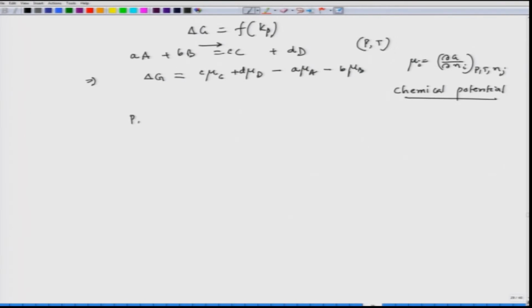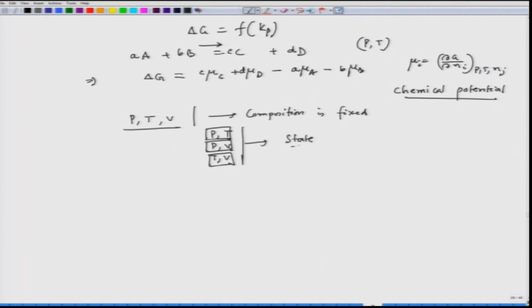So, if we have pressure, temperature and volume, and let us say the composition is fixed, and it is a closed system, then we can use either P and T, or P and V, or T and V to define the system. Defining the system means defining the state, and state is nothing but the equilibrium position of that particular thermodynamic system.